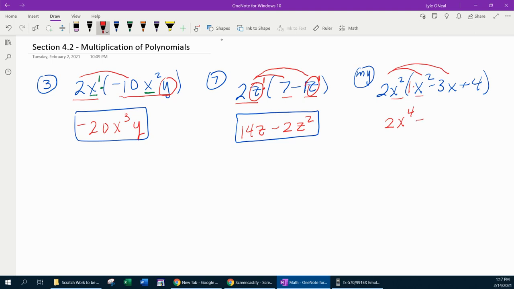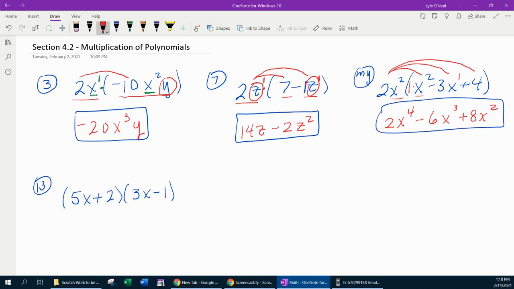2 times negative 3 is negative 6. X to the 1 plus 2 is 3. And last but not least, 2x squared times the constant. 2 times 4 makes 8. The 4 does not have an x, so the x squared comes along for the ride, and that is done.